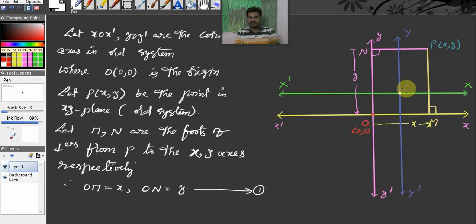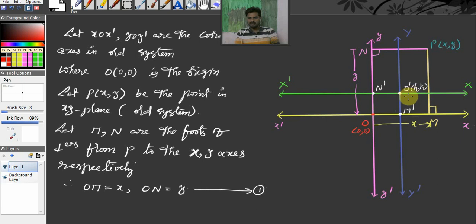So here in the new system, the origin is this, let it be the point O dash. I have taken h comma k as the shifted origin point. So if you take O dash as (h, k) in the new system, let the feet of the perpendiculars from O dash to the old system x-axis and old system y-axis be this capital M dash and this capital N dash.